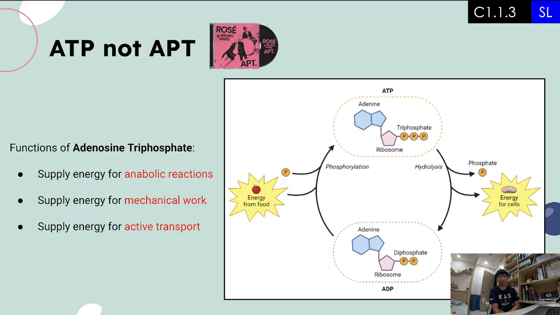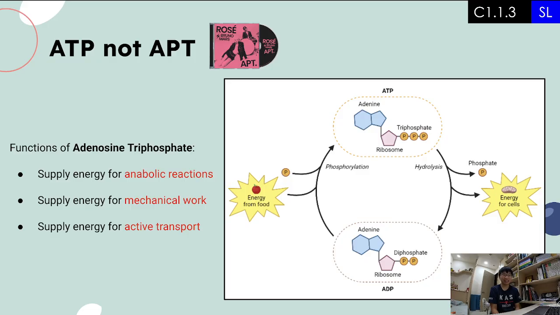So what's ATP? Adenosine triphosphate. It's not APT, although it's pretty similar. You can see the structure here in a photo. It has an adenine, a ribose, and it's connected to three phosphates, hence the tri, triphosphate.